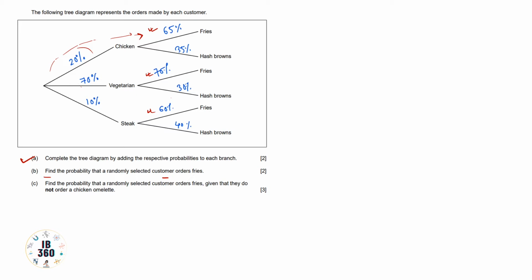So that customer can order chicken omelette, vegetarian omelette, as well as steak omelette. So you will take all these three into consideration. So the probability will be, you can get it from here, that is 0.20, that is 20%.